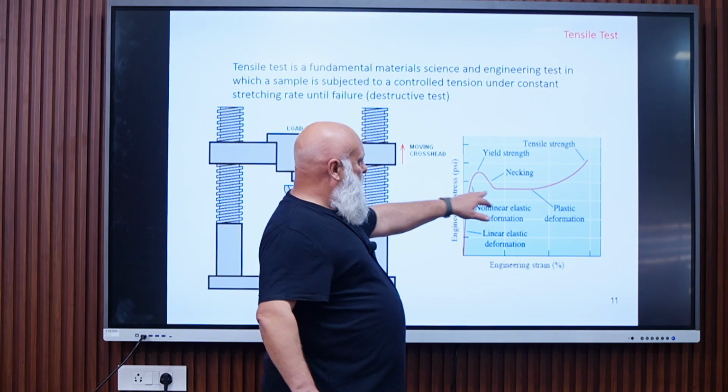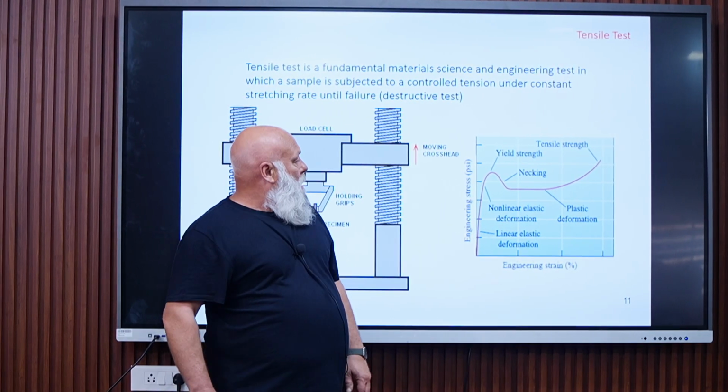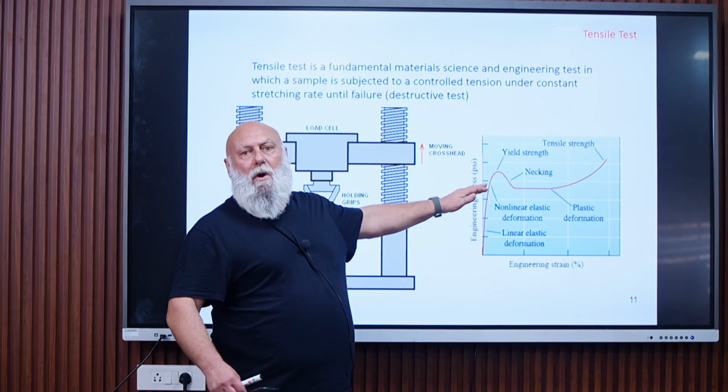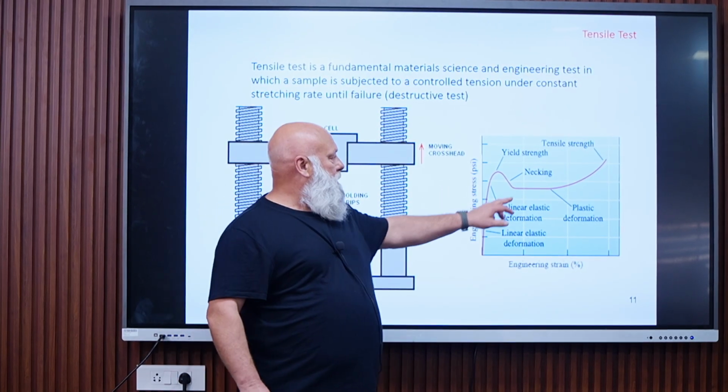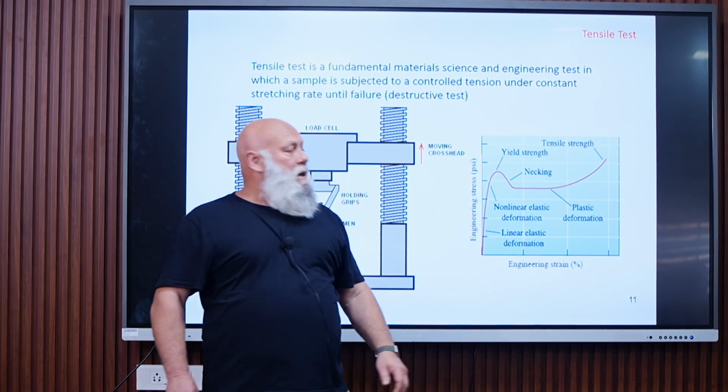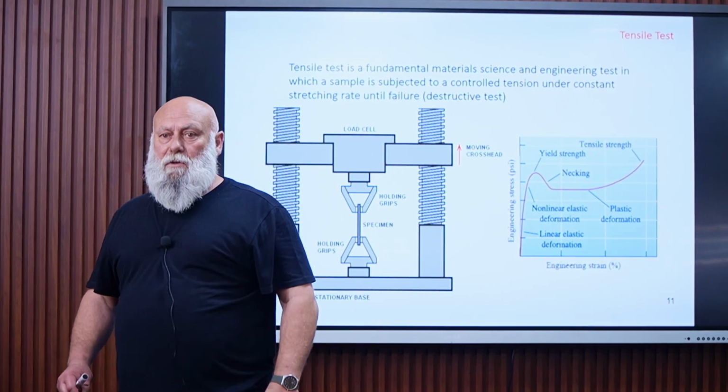And then we have a strain that occurs with a more or less constant stress, and then we have an increase in the stress up to the break of the sample.